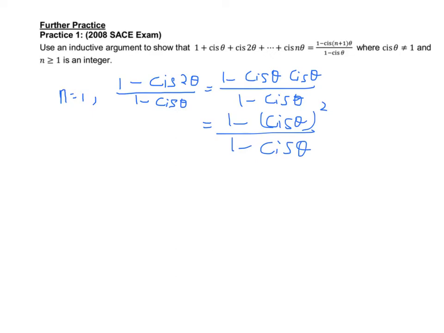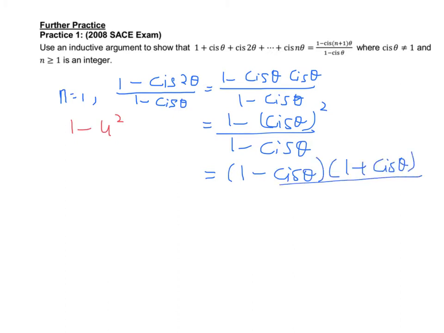If you look at it carefully, this whole expression, especially the one at the top, is equivalent to 1 minus u squared. So what I could do is factorize this as the difference of squares, and you could see clearly that I could then eliminate the common factor, and I'm left with 1 plus sec theta, which exactly proves that this is 1 plus sec theta when n equals 1.